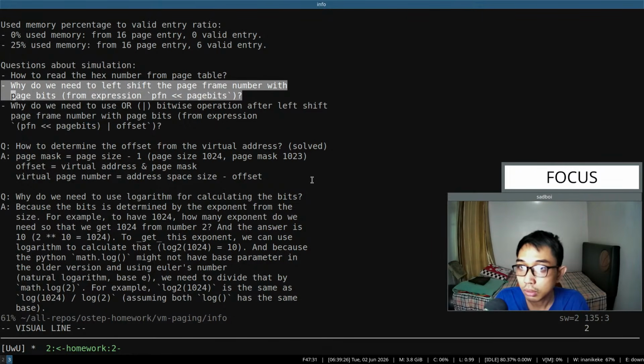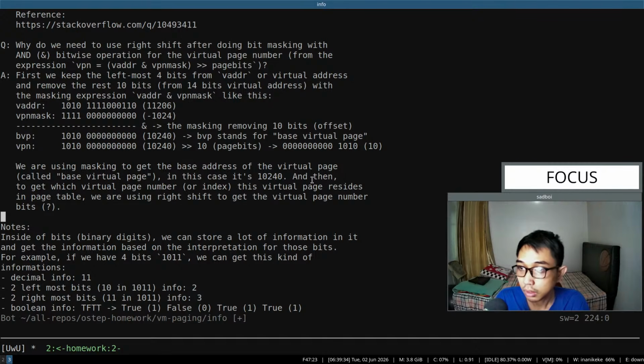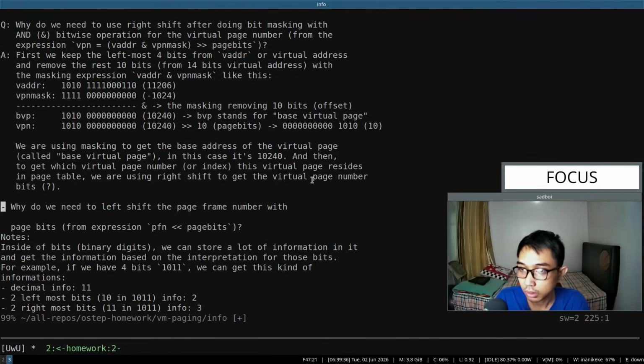Why do we need to left shift the page frame number with the page shift? Let me put this in here.